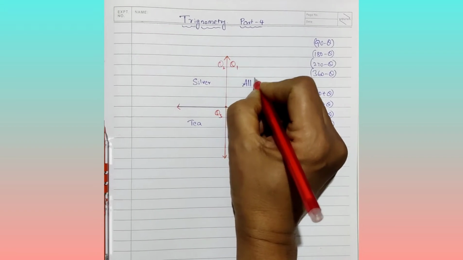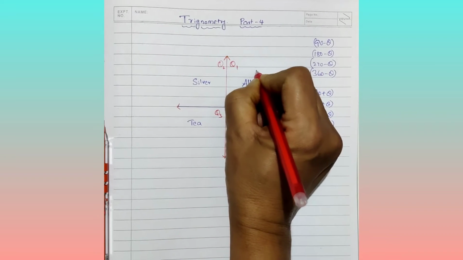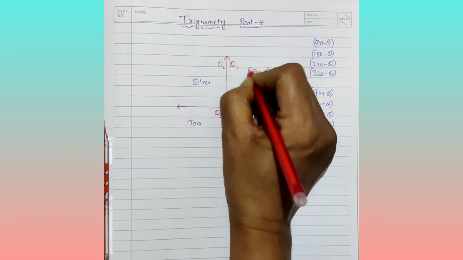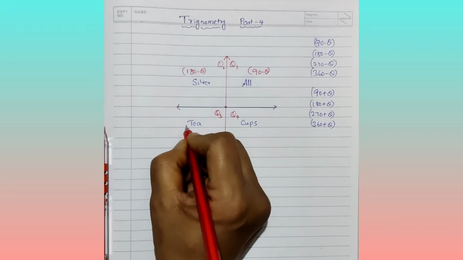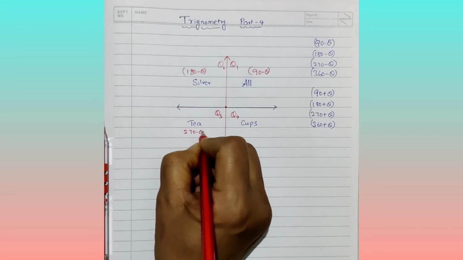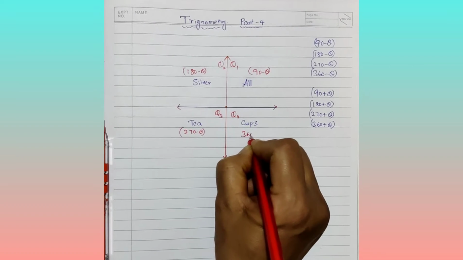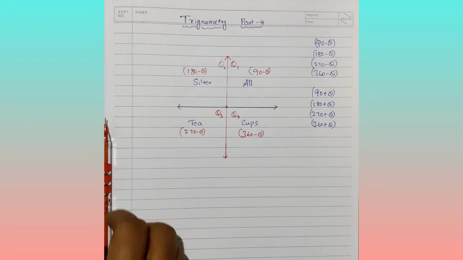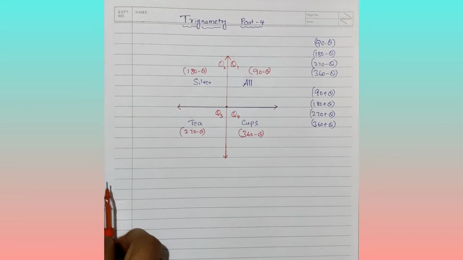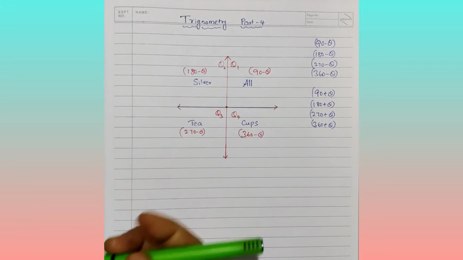In quadrant 1, 90 minus theta starts. Here 180 minus theta, 270 minus theta, 360 minus theta. Now we will discuss these things first.